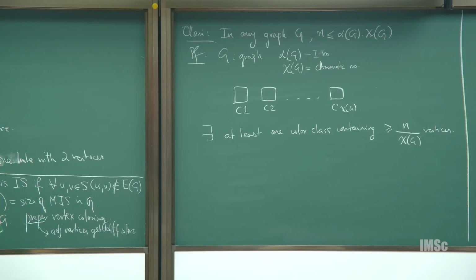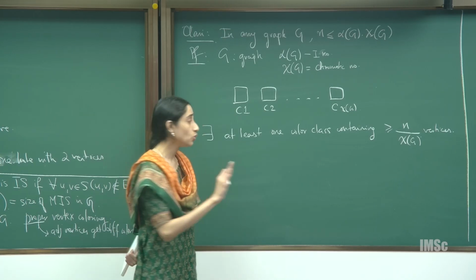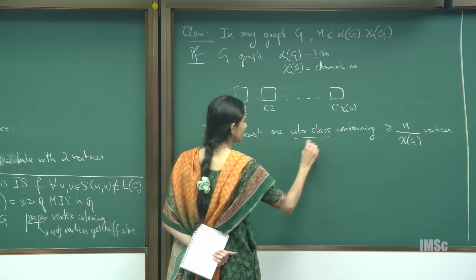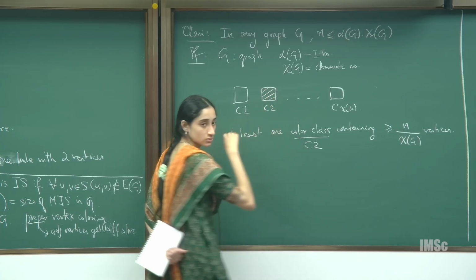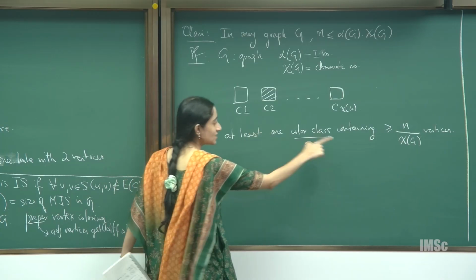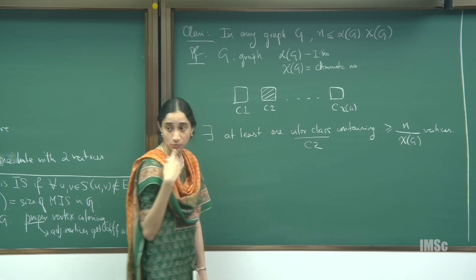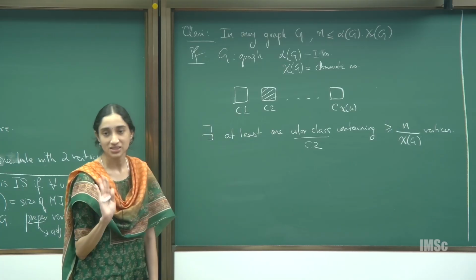So what do you know about this box? Let's say that one color class is C2. It's an independent set. This box has at least so many vertices, and you know that all of them were given the same color and the coloring was proper. So it means that these were non-adjacent vertices.